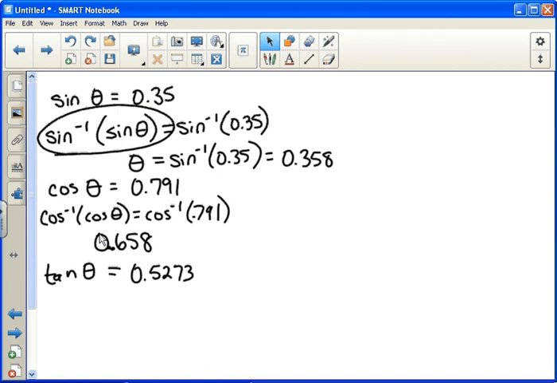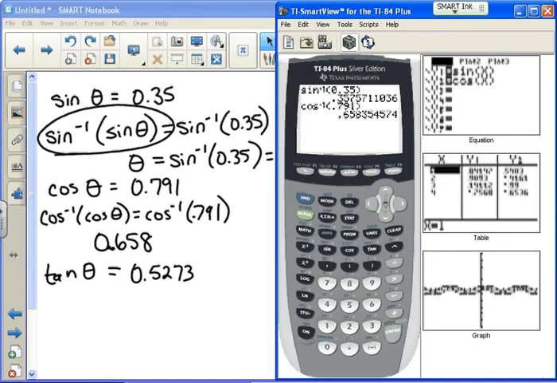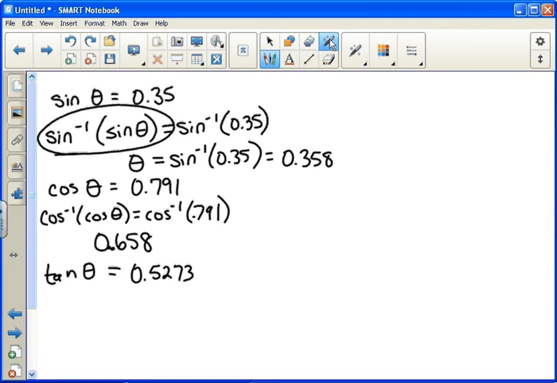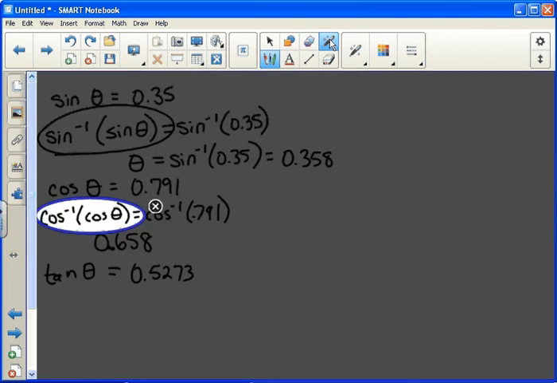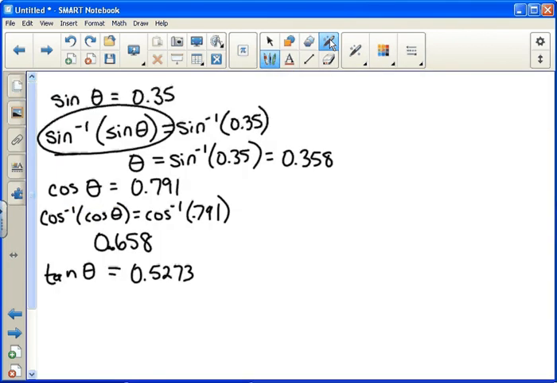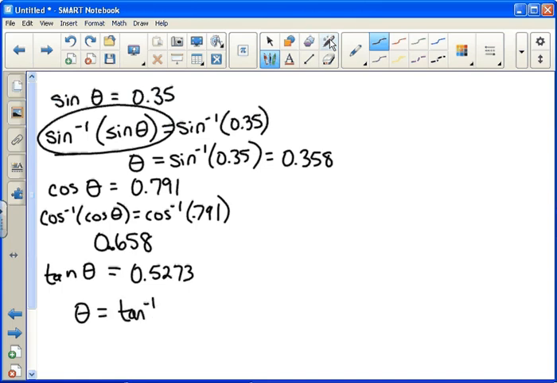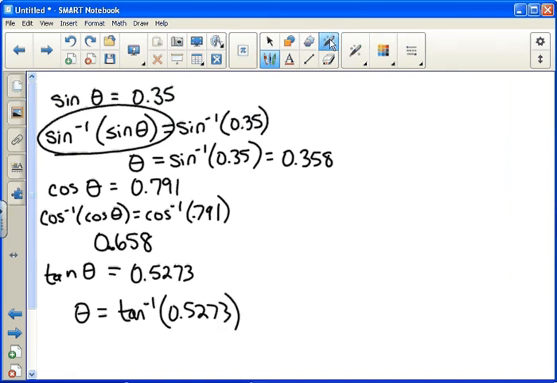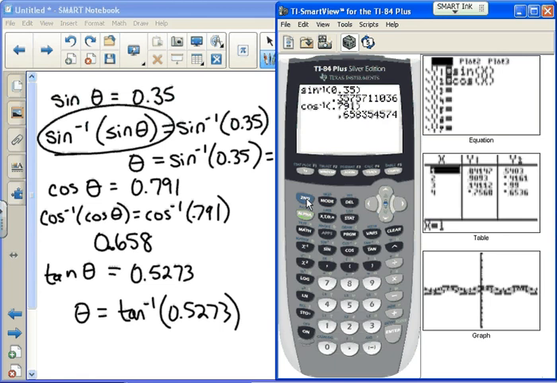If you want to, you can skip this line right here. You don't really need to write this if you don't want to, because it's just going to always cancel out. So one way we could do it is just come down here, do second tangent or arctangent of both sides, and it gives us this. Then we'll plug that in our calculator, second tangent of 0.5273, and we get 0.485.